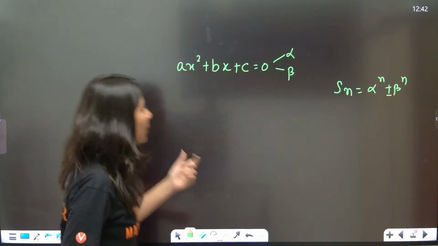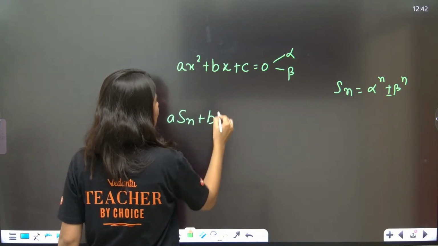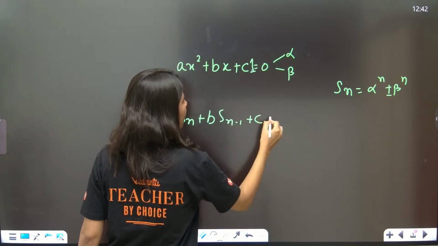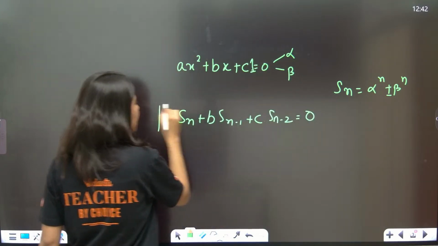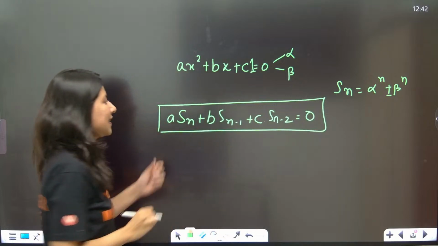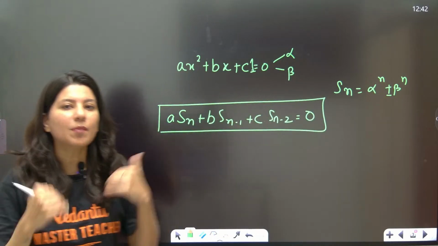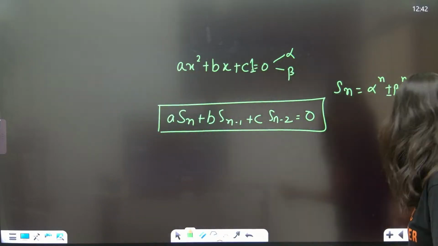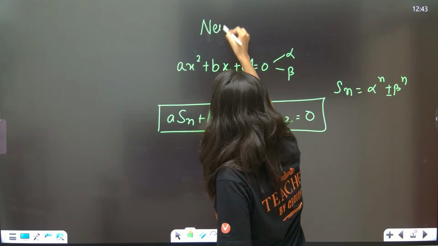Then what you can do is replace x^2 by S_n, x will be replaced by S_(n-1), and the constant term will be replaced by S_(n-2), so a*S_n + b*S_(n-1) + c*S_(n-2) = 0. This is your Newton's formula. So basically consecutive S_n, S_(n-1), S_(n-2) get multiplied with the three coefficients respectively.